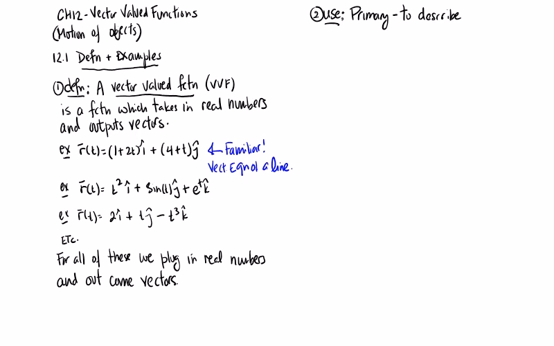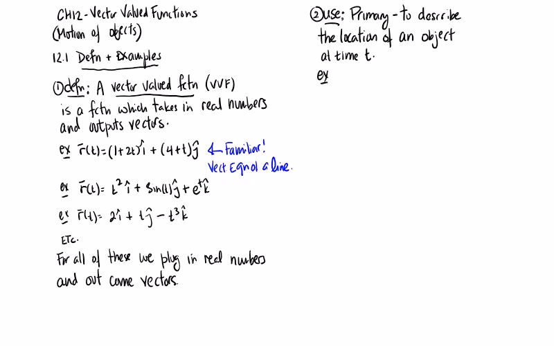The reason we use the variable t is as a time variable. So think of this as describing the location of an object at time t.